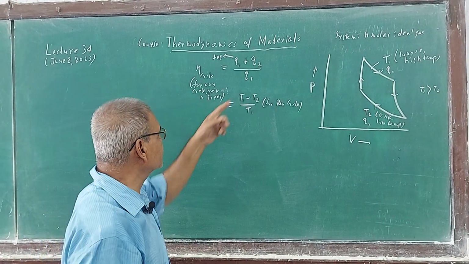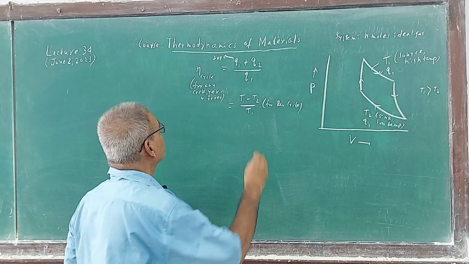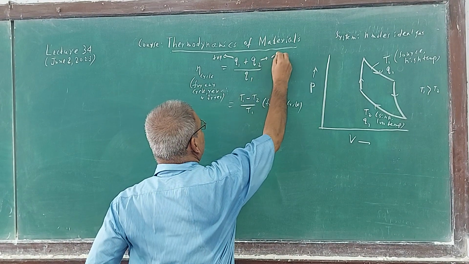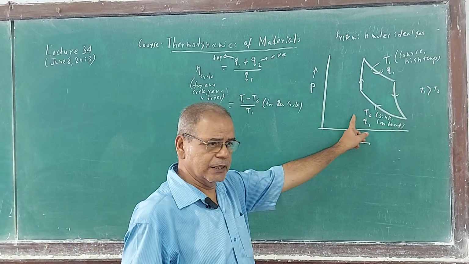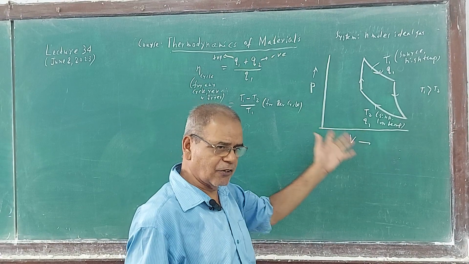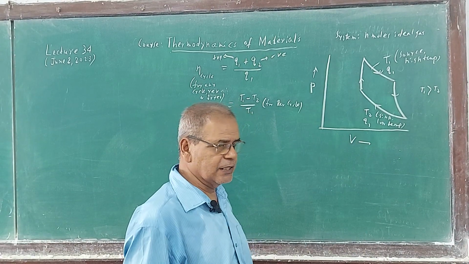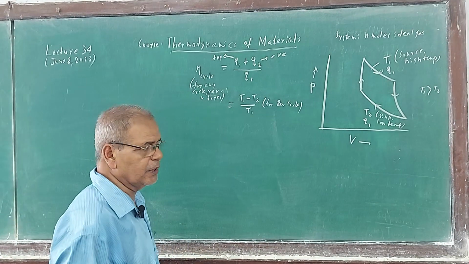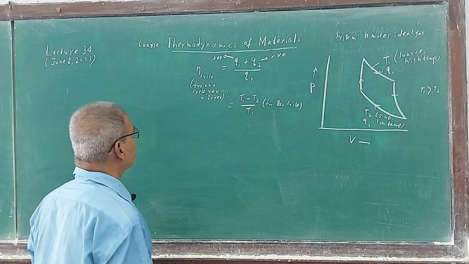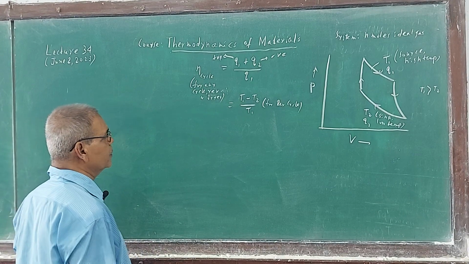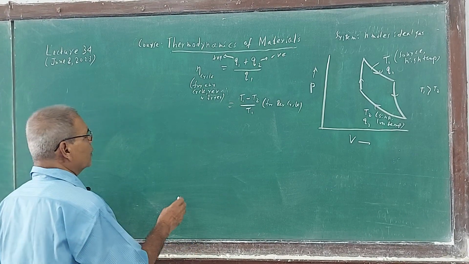For a reversible cycle, this is general. Q1 is positive and Q2 must be negative. Compression, the heat is rejected, work is done on the system, and heat is rejected. Good, very good. This I discussed last year.